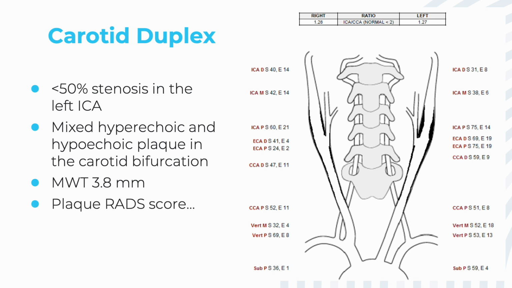And the Plaque RADS score, well, I think it's a little bit hard to delineate. It could be ranging from 3B, 4A, or 4B. There wasn't a comment that there was a mobile element, so I'm going to take away the presence of an intraluminal thrombus for this patient.